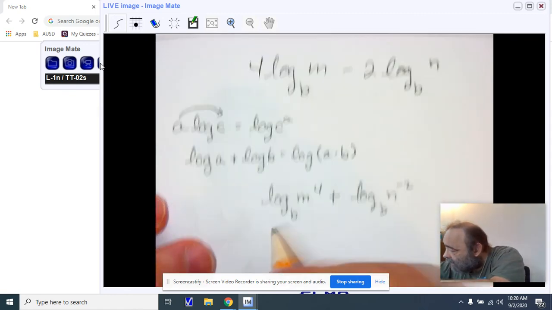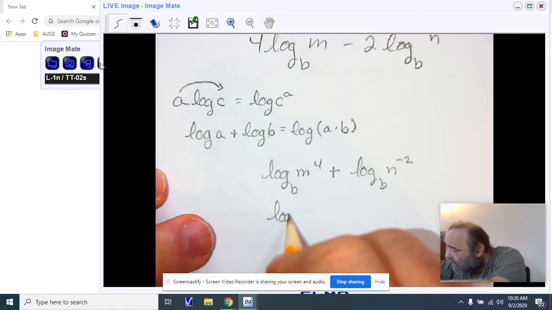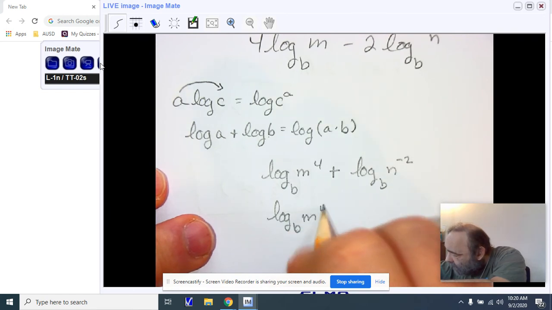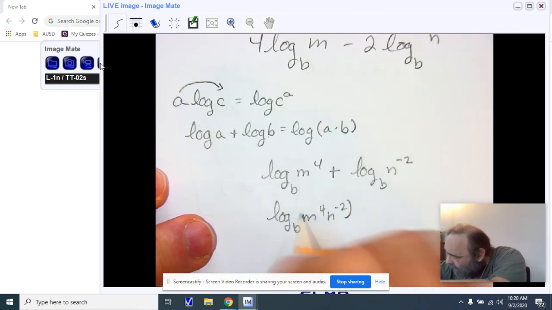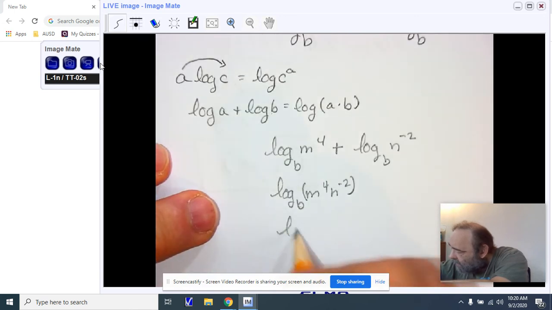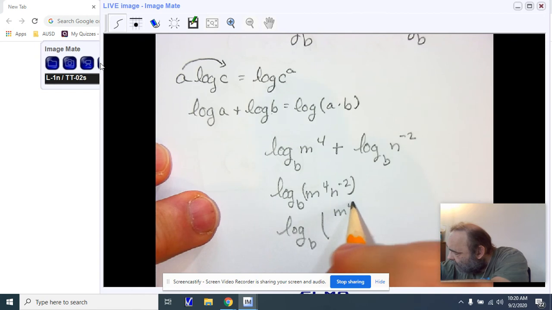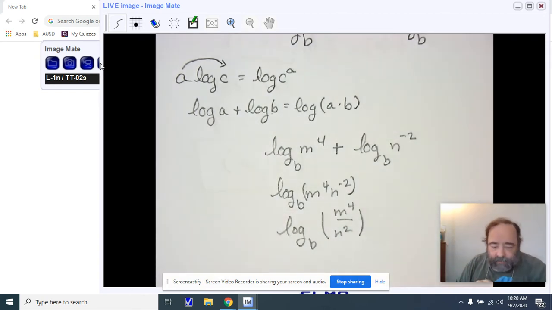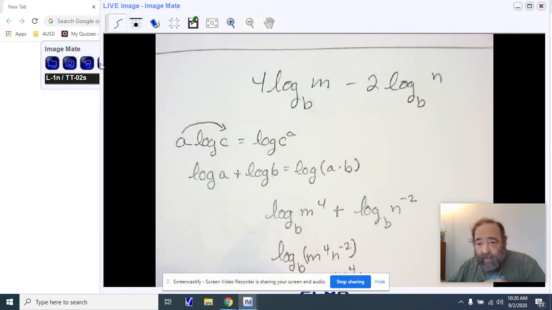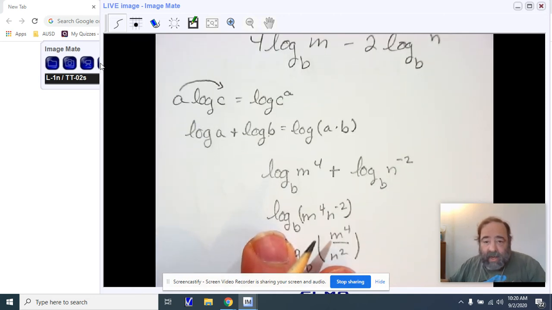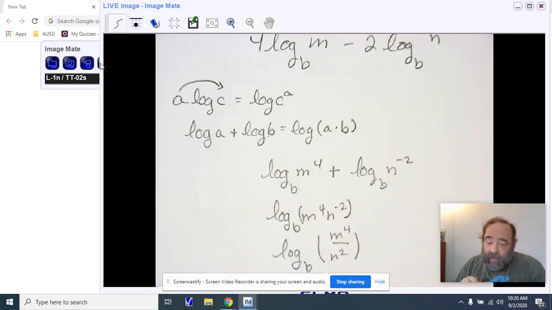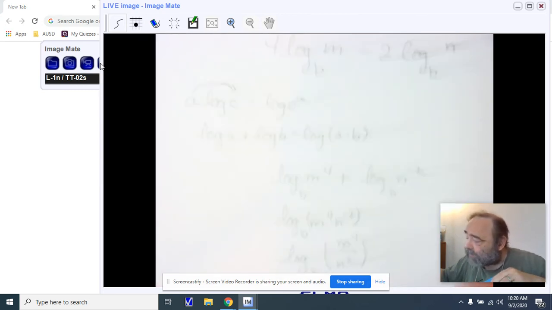So when I now do my sum, log base b of m to the 4th n to the minus 2nd, I'm going to take one last step, and I'm going to make that fraction, m to the 4th over n squared. And that's my answer. Notice how I've taken a multiple logarithmic statement, as we had at the beginning, and it is converted into a single log statement. That's what condensing does.